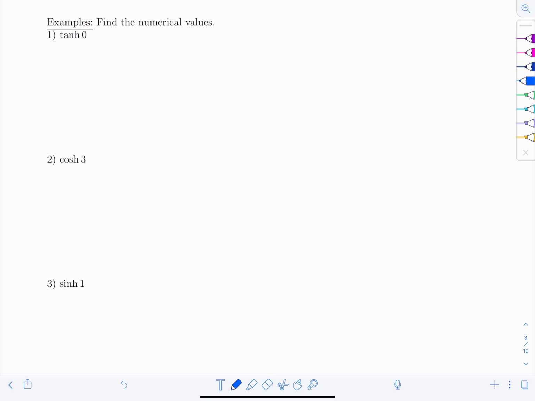So find the numerical values. For hyperbolic tangent of 0, remember it's sinh of x over cosh of x. So this is sinh of 0 over cosh of 0. And you need to just use the definition. So remember, sinh was e to the x minus e to the negative x, over 2. So e to the 0 minus e to the negative 0 over 2.